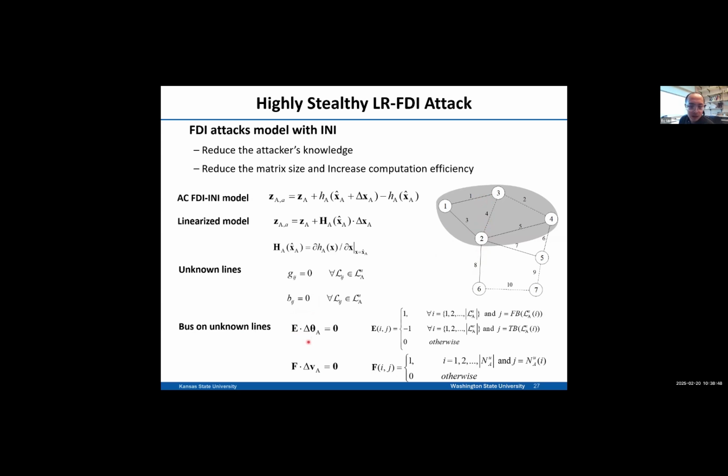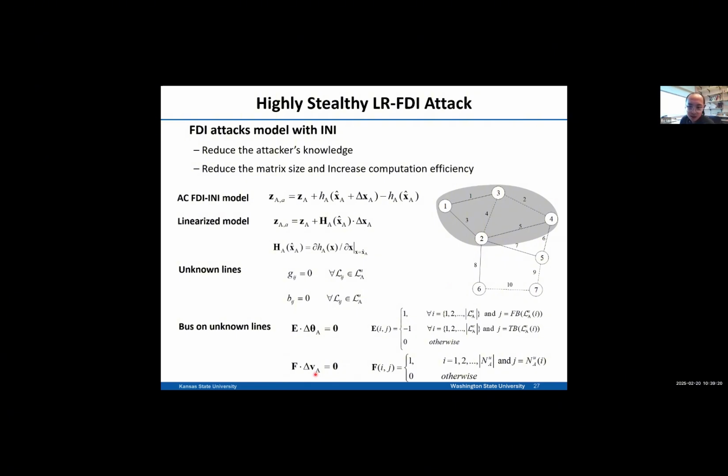Here, E times delta theta represents that the two buses on this unknown line have equal voltage angle increments. And F times delta V indicates that their voltage magnitude remains the same during the attack for these two buses. So these two equations ensure that the active and reactive power flow on this unknown line remain unchanged in the attack regardless of line parameters.